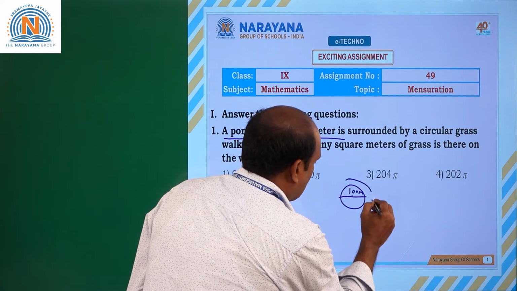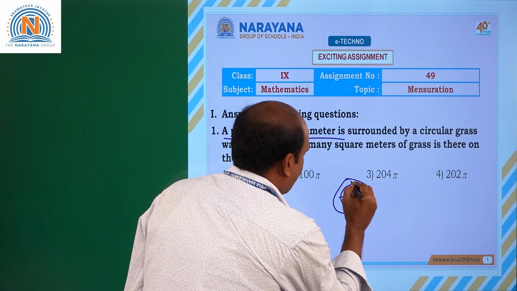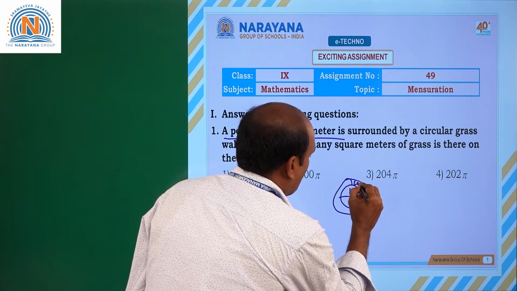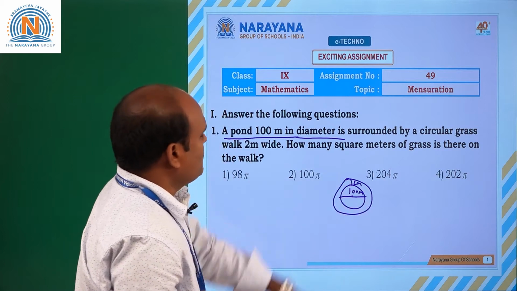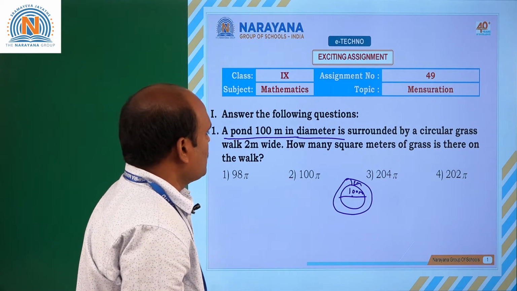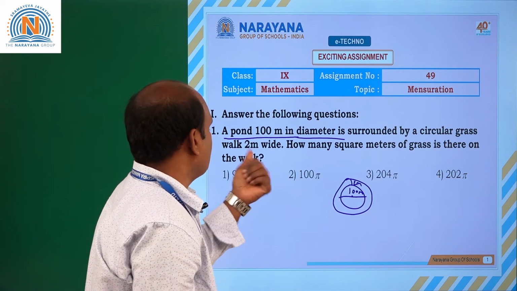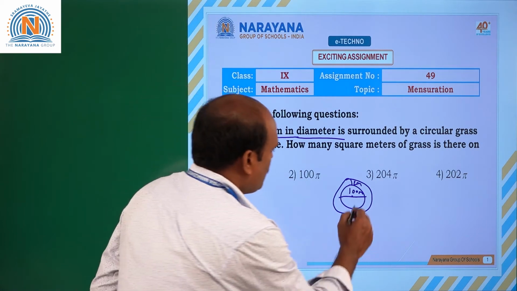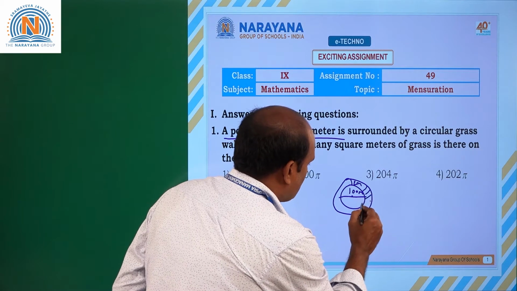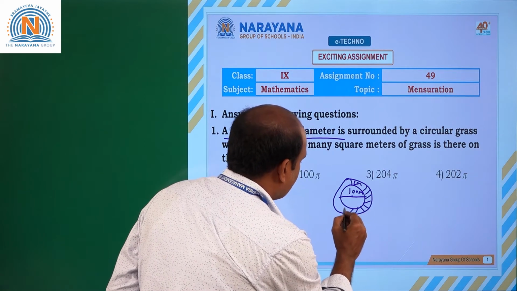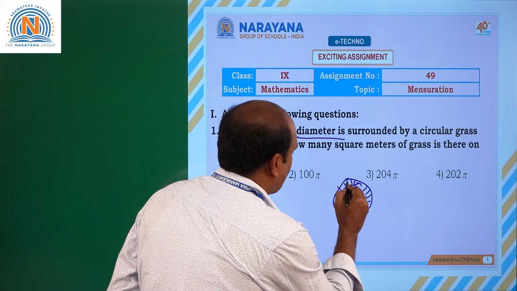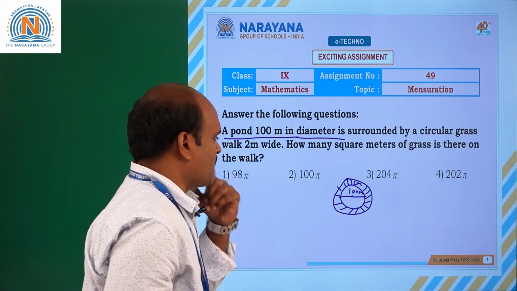So around this, 2 meter wide grass walk is there, right? So how many square meters of grass is there on the walk? That is nothing but we want to find the area of this portion, right? This is the walk, right? So the area of that portion, right?